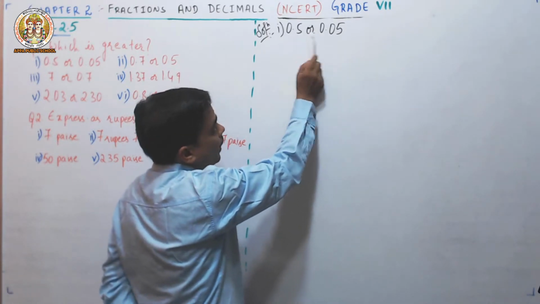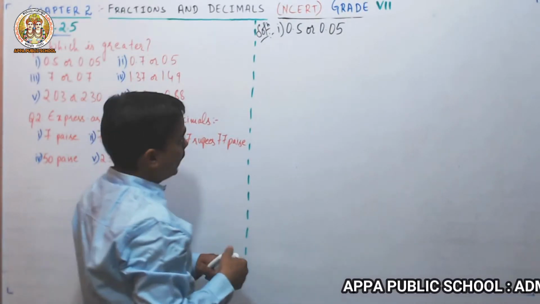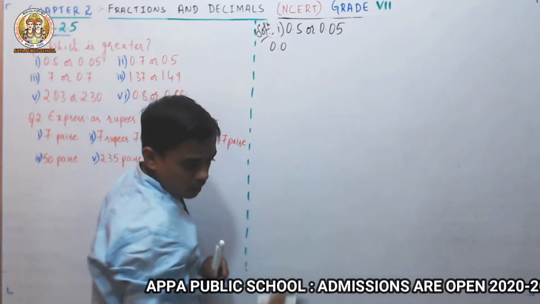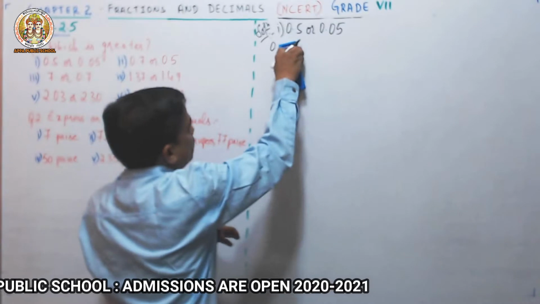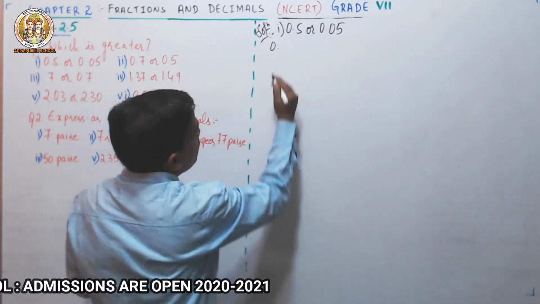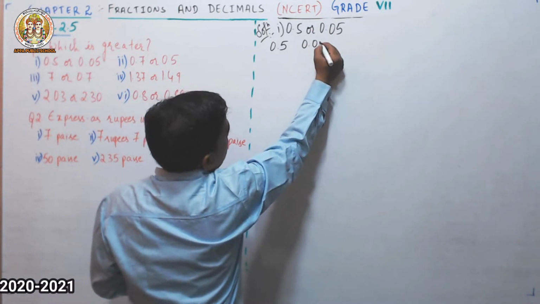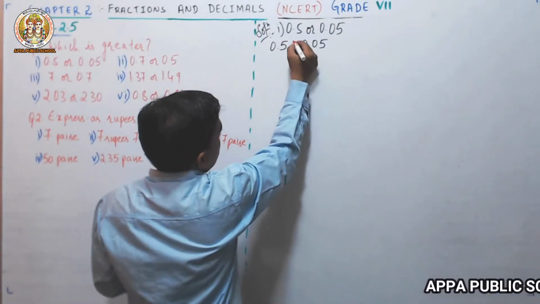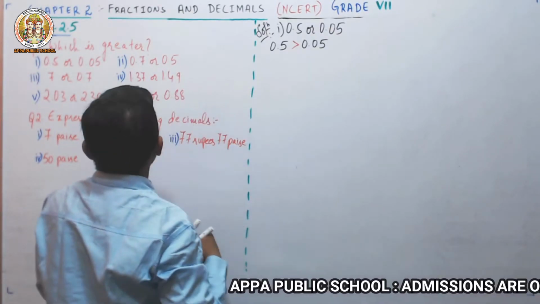Which one will be greater, 5 or 0? Obviously 5 is greater. Therefore I will write 0.5 is greater than 0.05, with the greater than symbol. 0.5 is greater.